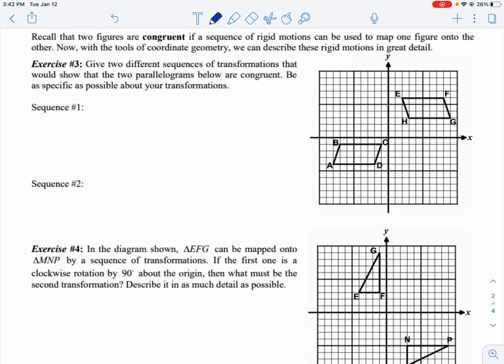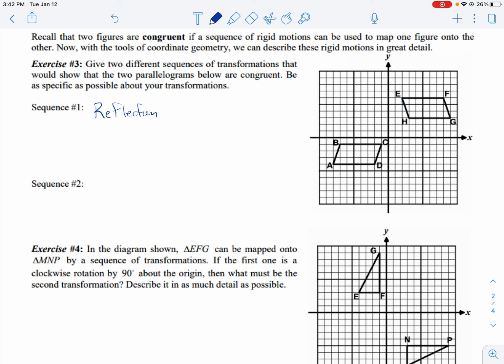First option is I'm going to reflect this guy up. More importantly, I want to reflect it so that it looks almost like this on the other side. So let's see what I'm talking about. I'm going to do a reflection.